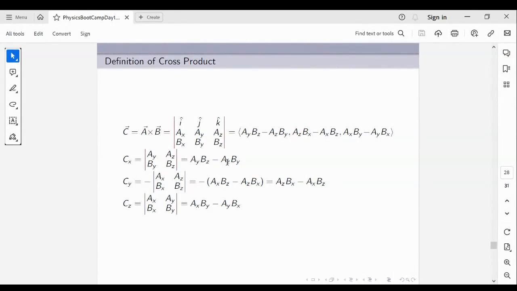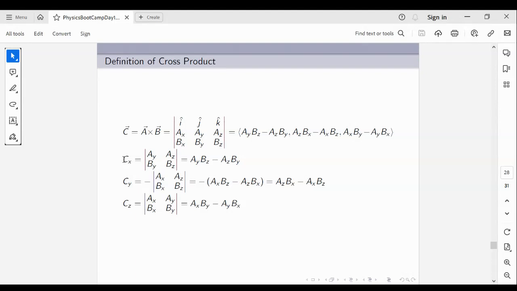This is fairly common in rotational mechanics to define torque and angular momentum, things like that, which if we have time we'll get to.